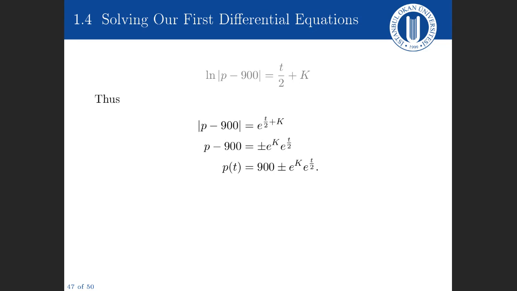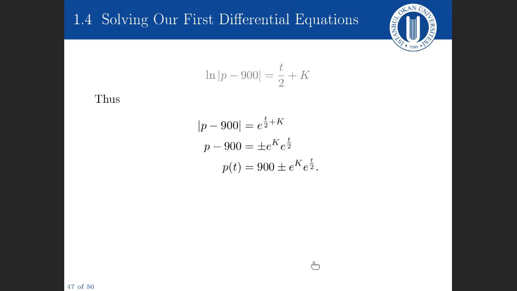To get rid of the absolute value signs, you can add in a plus or minus. And then we can take the 900 over to the right to get 900 plus or minus e to the power k, e to the power t over 2.